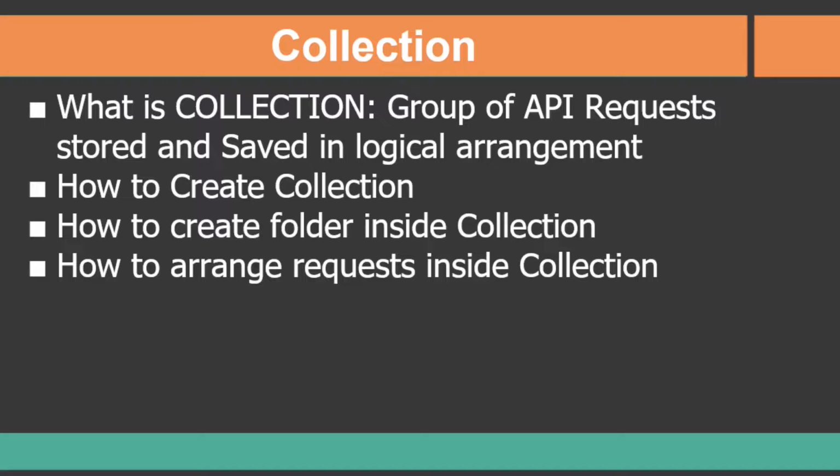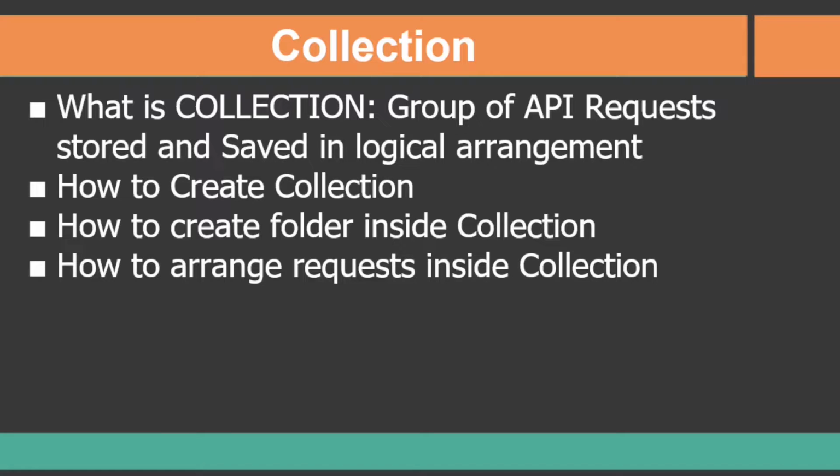Okay, so that means let's assume you have a big project and you have to execute around hundreds of API requests as part of that project validation, and you can logically divide these 100 API requests by using collections.